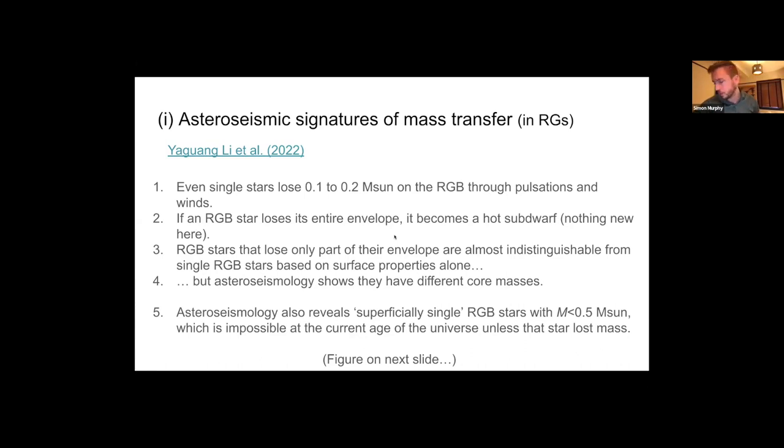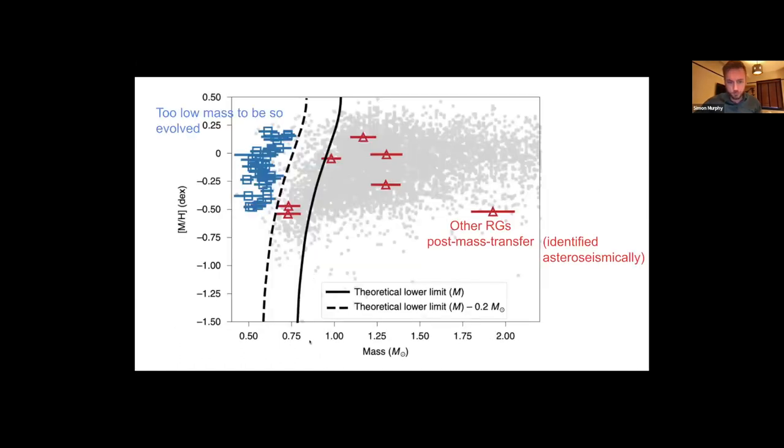binary system. And then Yaguang Li's work also showed some superficially single RGB stars with masses less than 0.5 solar masses. And that just isn't possible at the current age of the universe unless that star lost some mass somewhere along the process. And so here's a figure of what that looks like.